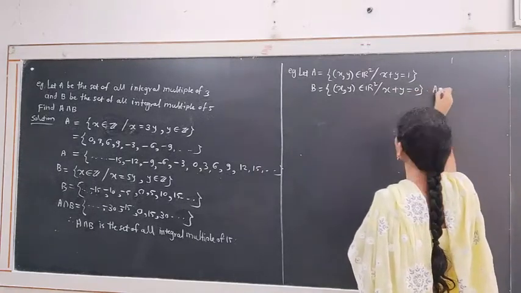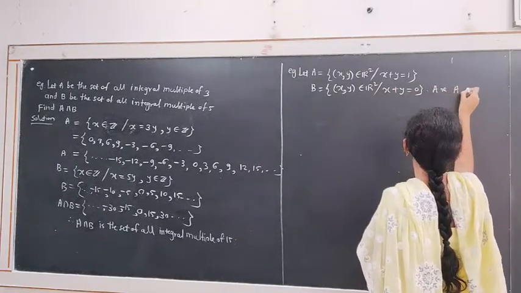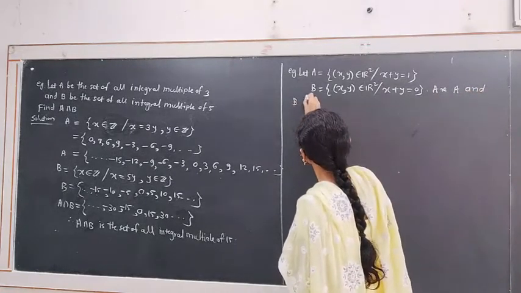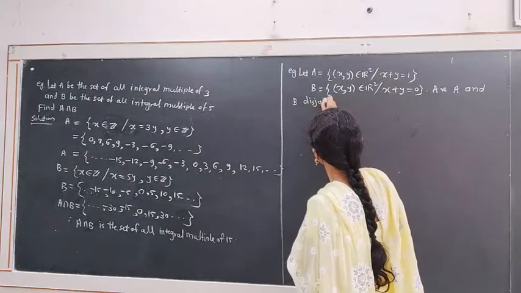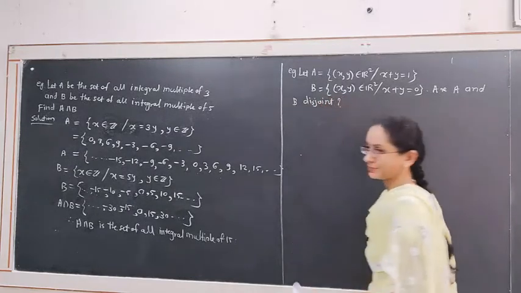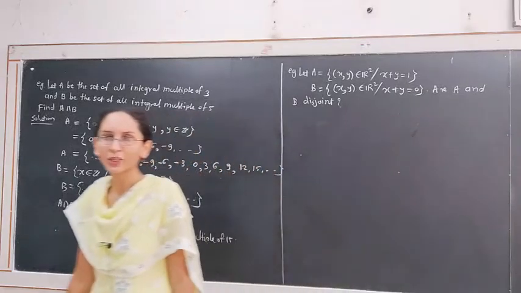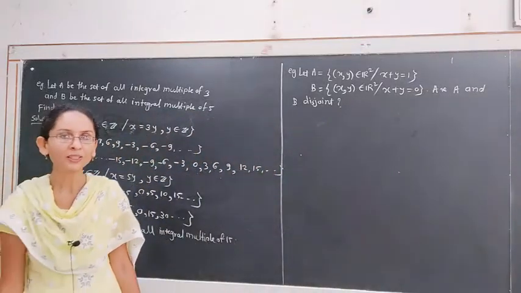Are A and B disjoint? Two sets A and B are said to be disjoint if they have no common elements.